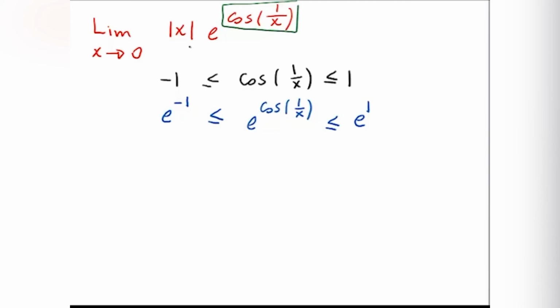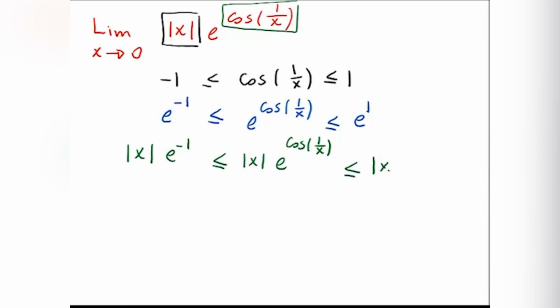Now I'm going to multiply each side by the absolute value of x. The absolute value of x is non-negative, so this will not change the inequality. So it will be absolute value of x e to the power -1 less than or equal to absolute value of x e to the power cosine 1 over x less than or equal to absolute value of x times e to the power 1, or just simply e.